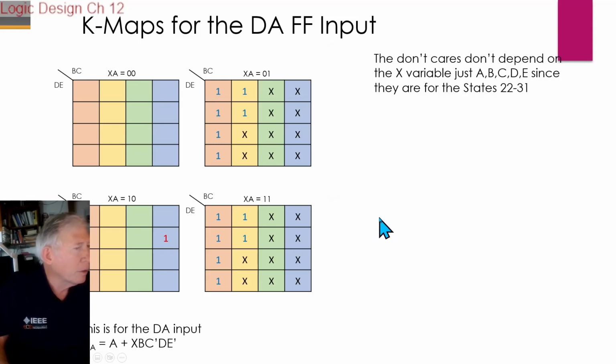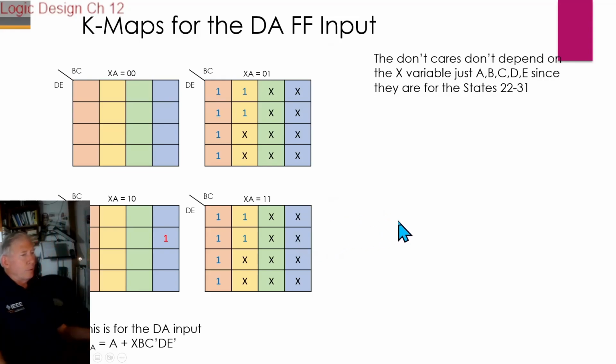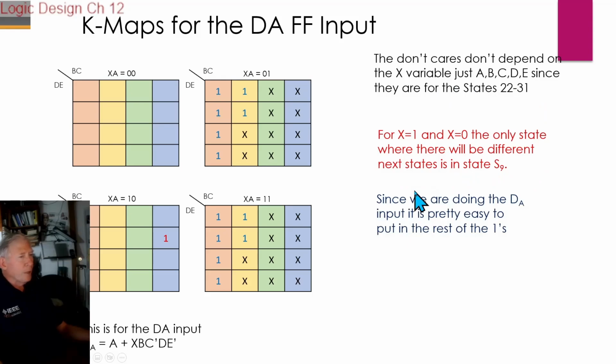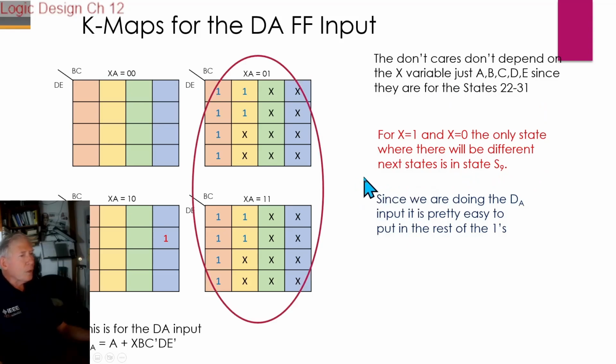And so this shows the don't cares don't depend on the X variable, just A, B, C, D, E, since they're for states 22 through 31. So this is all constant 1, and we just have to loop that 1, so that's the only real term.